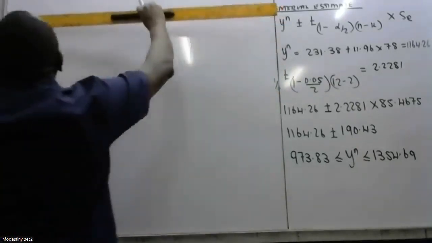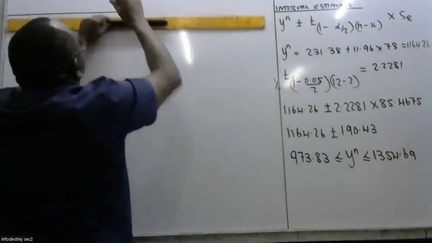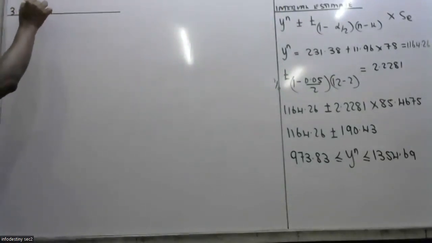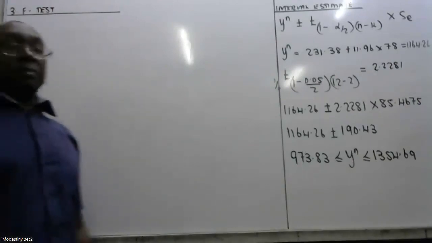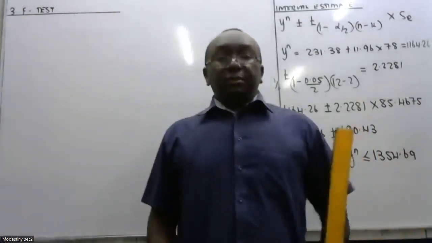Now we go to the third test, which is called F test. Now, F is simply used to measure significance of the relationship.